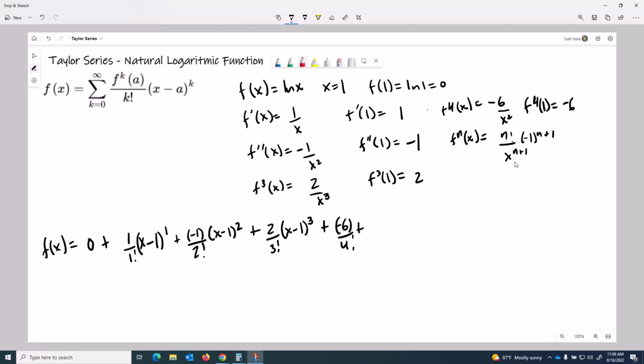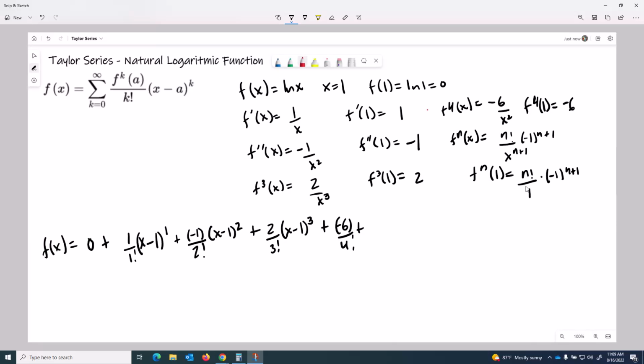So if we plug 1 into the nth derivative, you get n factorial divided by 1 times negative 1 to the n plus 1. Notice that in general this is kind of like n plus 1 factorial, and that's kind of like n plus 1 in either case.